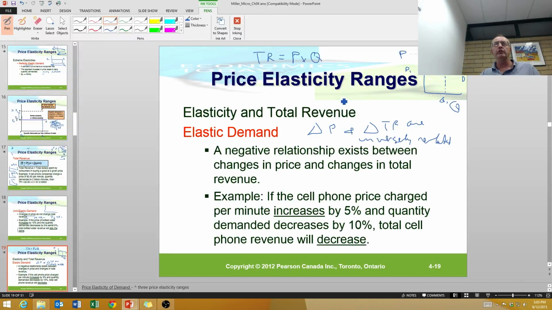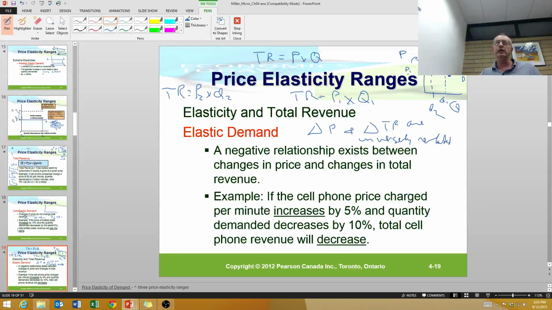So the total revenue for this industry, when the price is P1, equals P1 times Q1. And of course, if the price goes up to P2, and here's Q2, then total revenue will equal P2 times Q2.